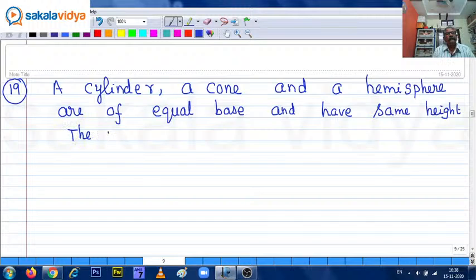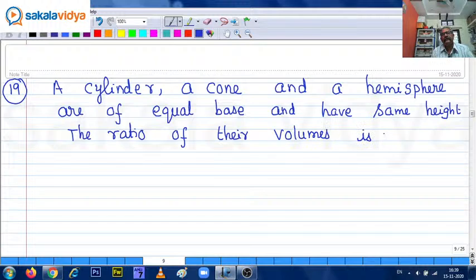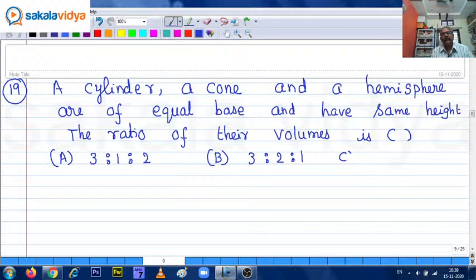The ratio of their volumes is: option A 3:1:2, option B 3:2:1, option C 1:2:3, option D 1:3:2.